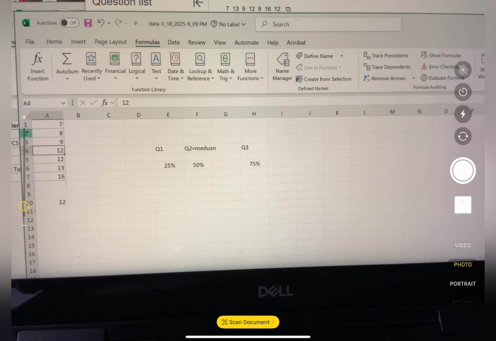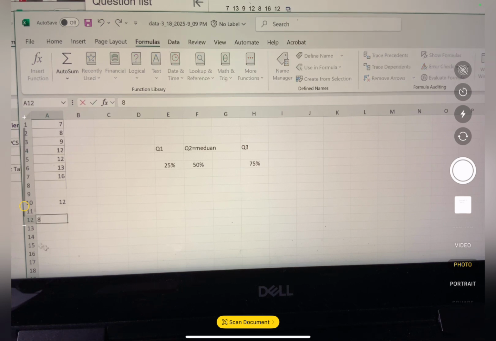All right. Now, taking 7 through 8, so we have Q1. It's going to be the range 7, 8, 9, the lower side of the median, and Q1 is the median of 7, 8, 9, which is 8.